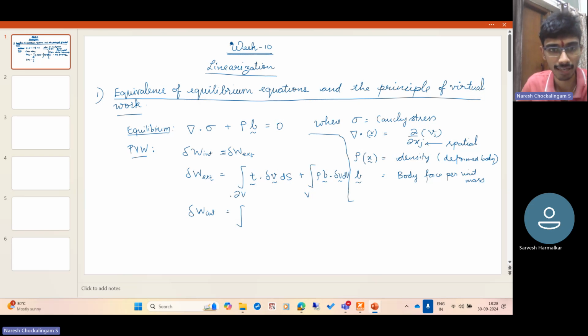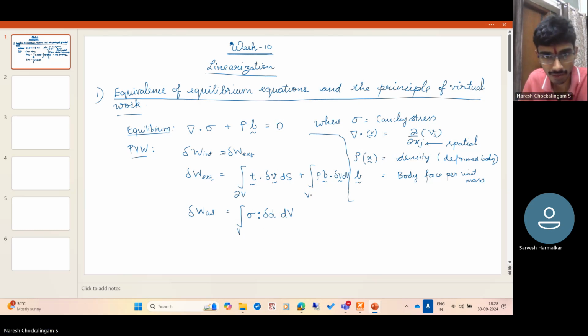The internal virtual work done is nothing but the Cauchy stress double contracted with the virtual rate of deformation tensor, which is associated with the velocity field del V, and this is over the entire volume V.